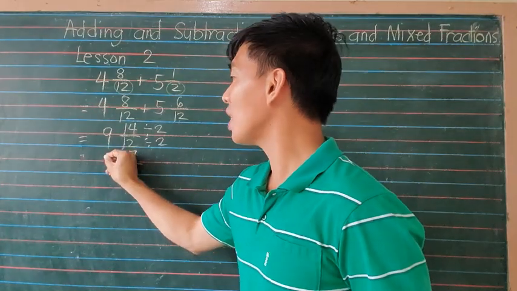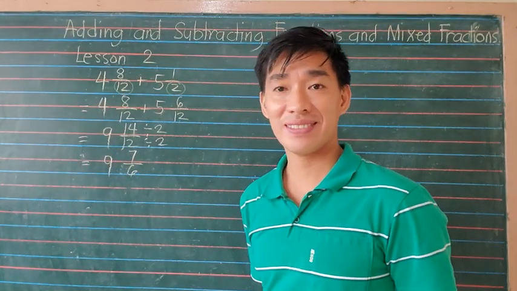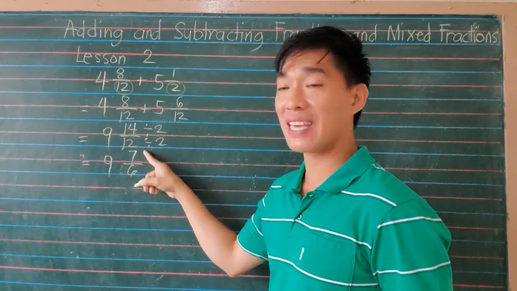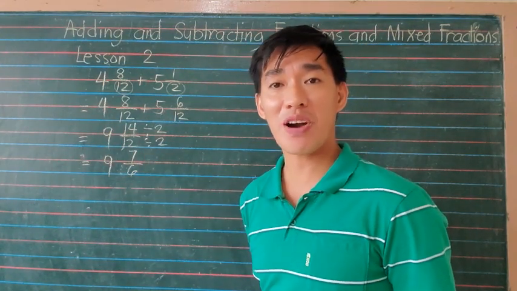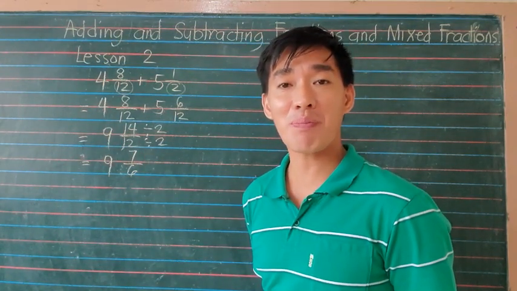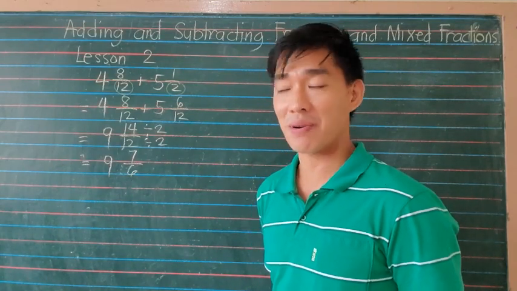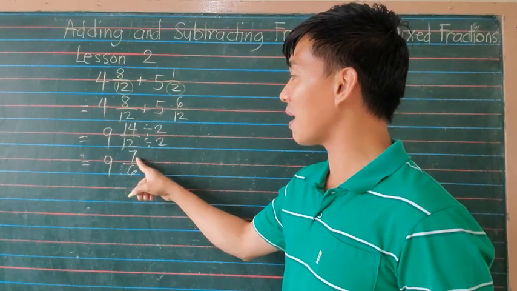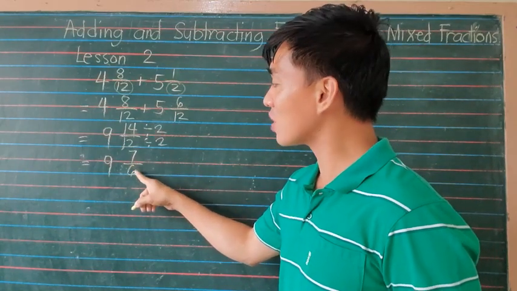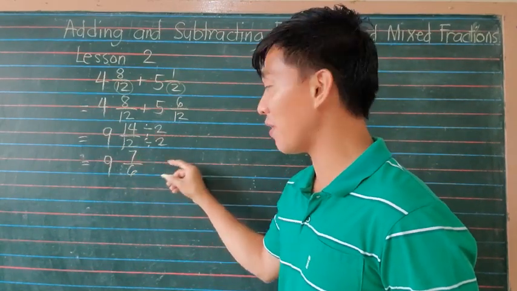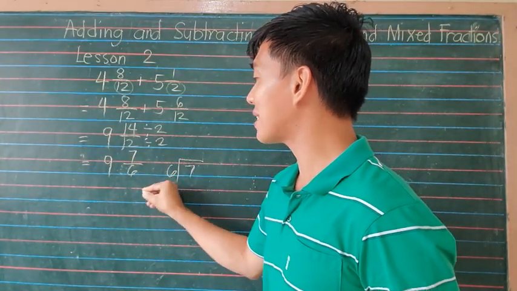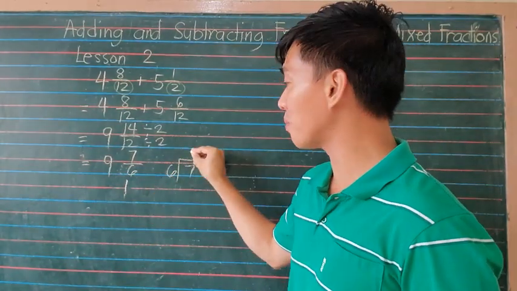Then, copy whole number. Observe our fraction once again. This is an improper fraction. And remember, improper fractions, we can express into mixed number. So, we will divide 7 by 6. How many 6s can we get from 7? So, one. So, that will be our whole number.